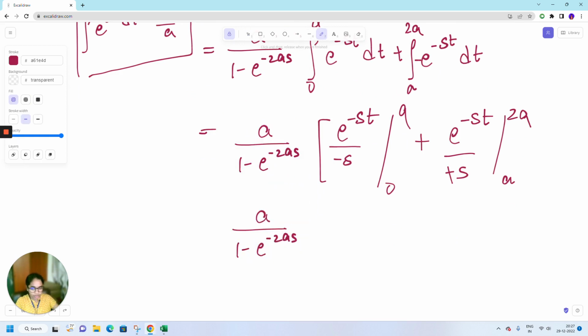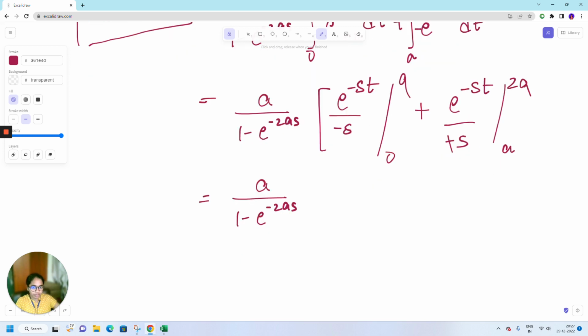So yes, what would we get after applying upper limit? That would be e power minus as divided by minus s minus e power 0 divided by minus s. So minus into minus becomes plus, plus e power minus 2as divided by s.